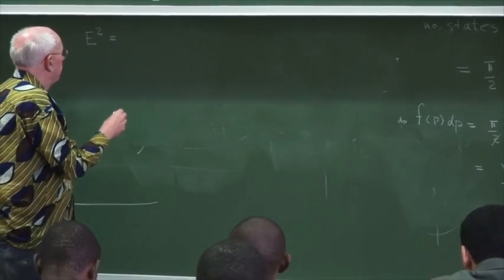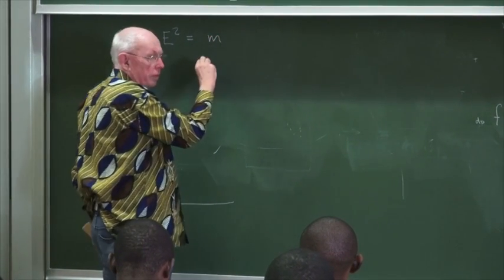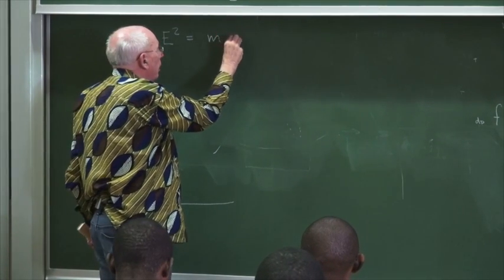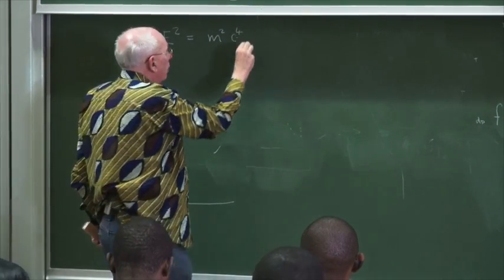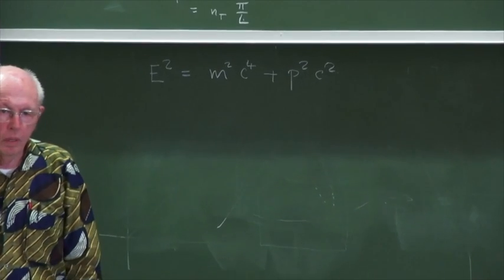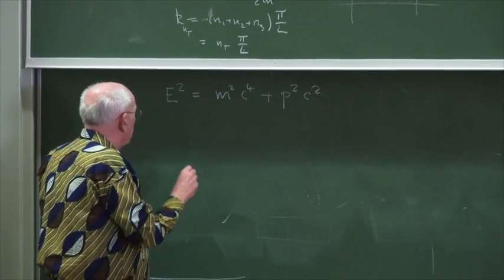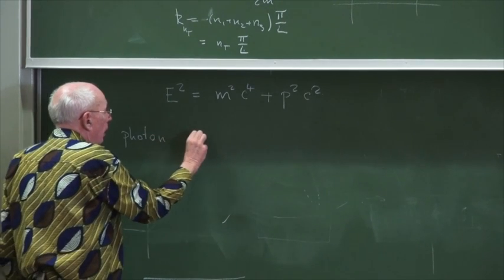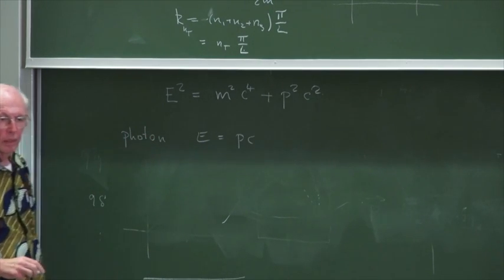So I have an energy of a photon. In general, the formula for the energy is the square root of p squared c squared plus m squared c to the 4. But the mass of the photon is 0. So for a photon, I have E is equal to PC.